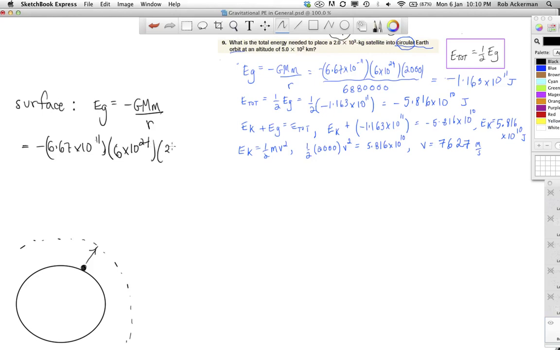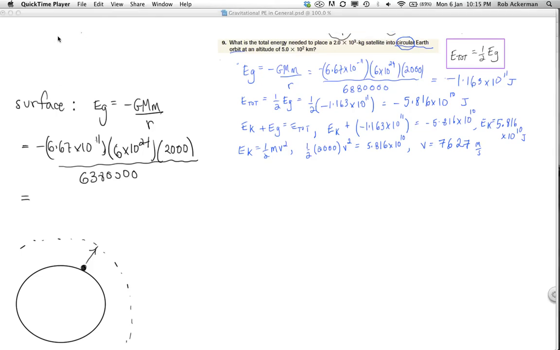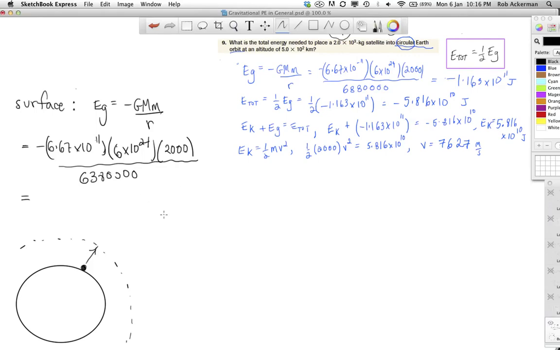Multiply that by the 2,000 kilos, which is your satellite mass, and realize that here you are on the surface. That's 6,380,000 meters. Take a moment to calculate that. I will do. Okay, folks, I'm back. I've done the calculation here. The number that I'm getting is negative 1.125.